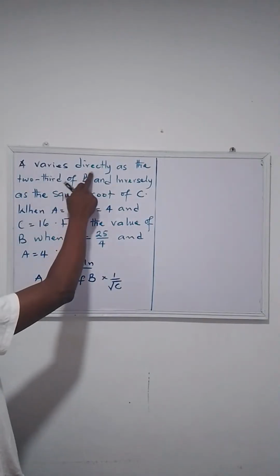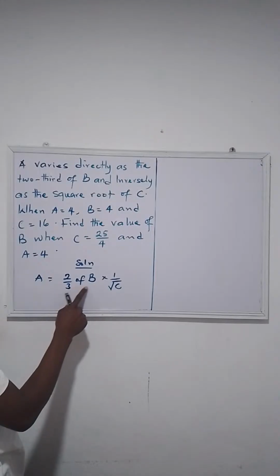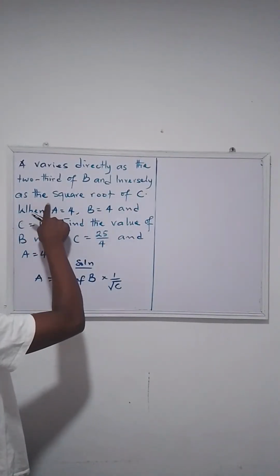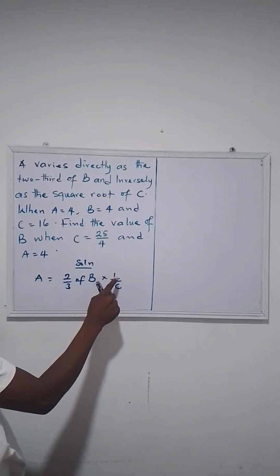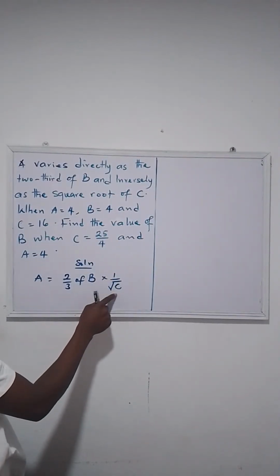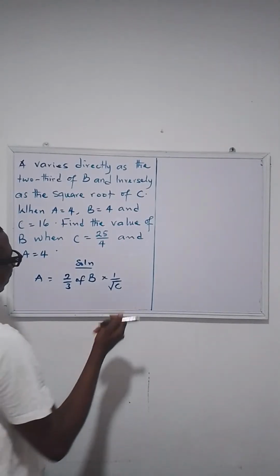A varies directly as the two-thirds of B and inversely as the square root of C. So you have the reciprocal. Can you see the square root of C? So now you write it neatly this way.